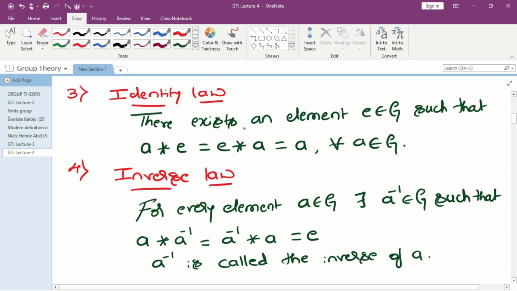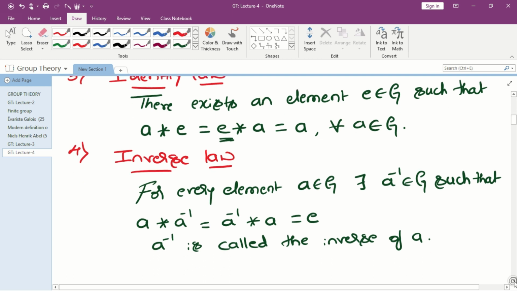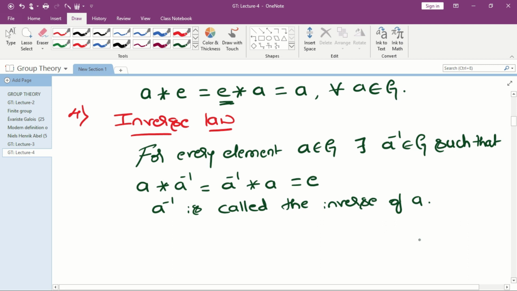And in case of identity element, we call E the identity element. So if you write all these four laws, we say that G is a group.